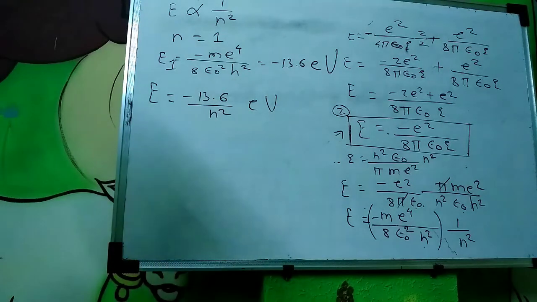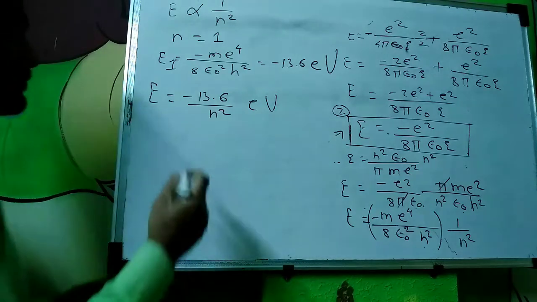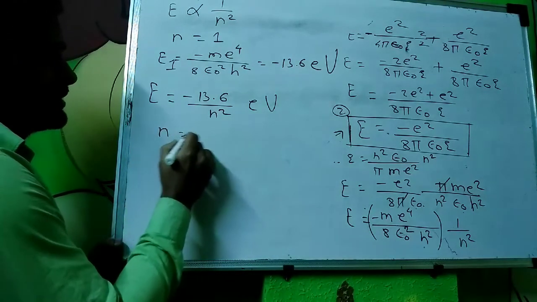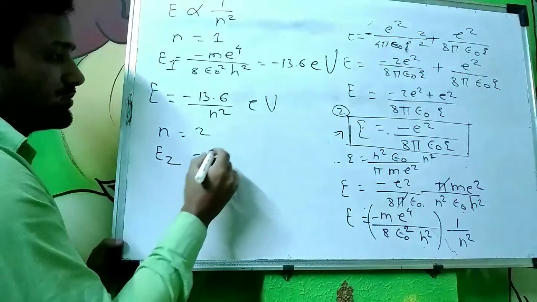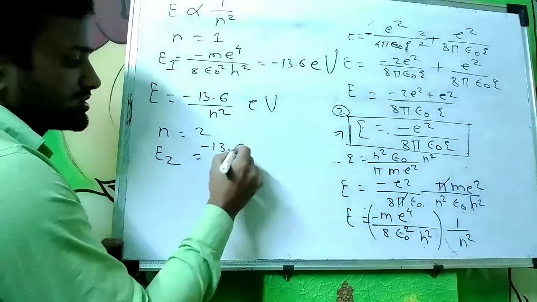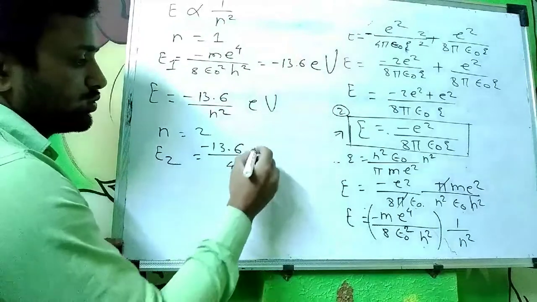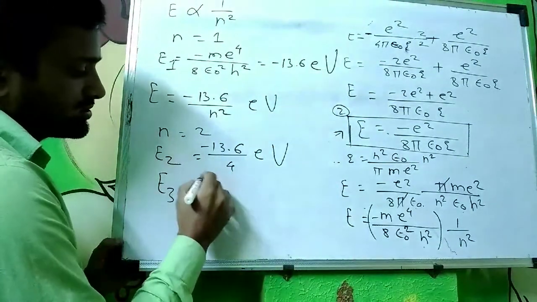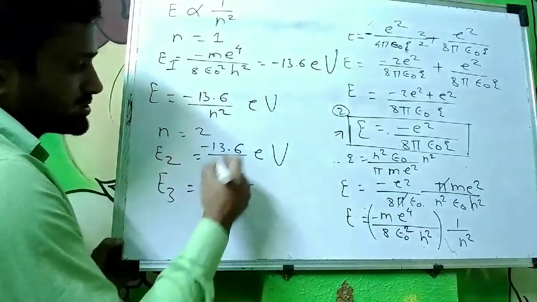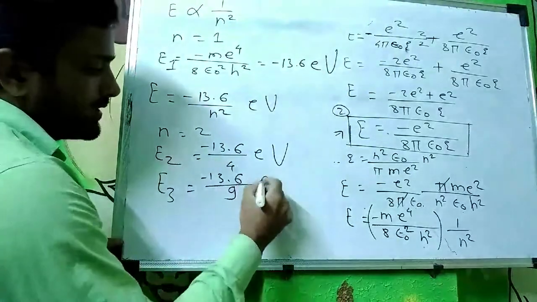If you want to determine the energy of the second orbit, then we just have to put the value of n as 2. The energy of the second orbit is given by minus 13.6 divided by 2 square, which is 4, electron volt. For the third we can write minus 13.6 by square of 3, that is 9, electron volt.